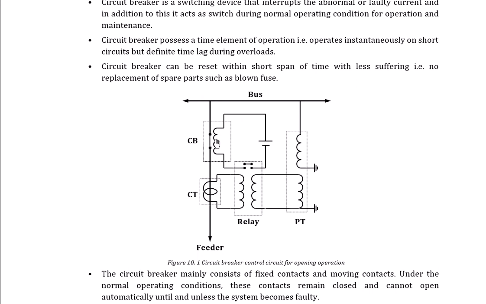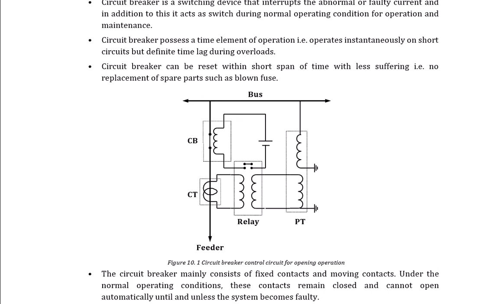Normally it is in the closed position when the condition is normal, but when anything wrong happens, or when any fault occurs in the system, in that condition the relay gives the signal to the circuit breaker that something is wrong in the power system and you need to open.